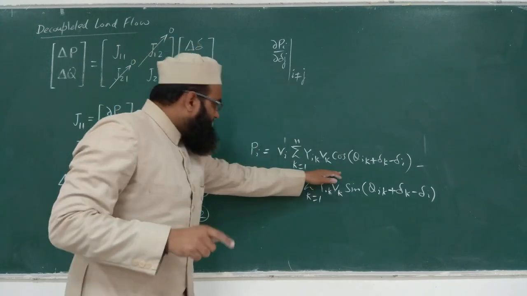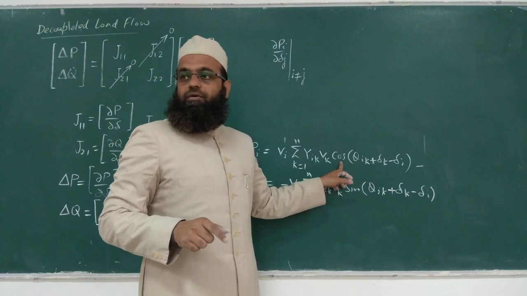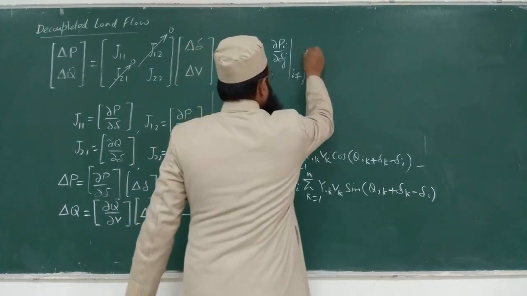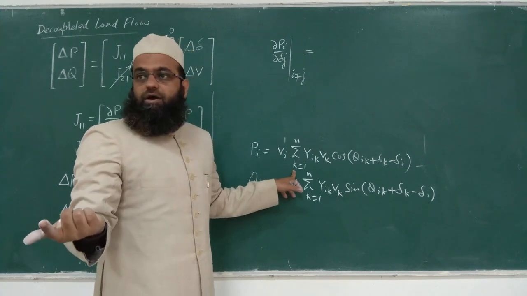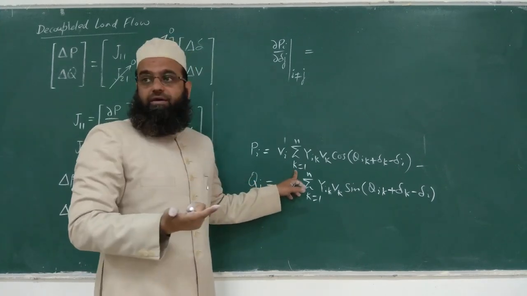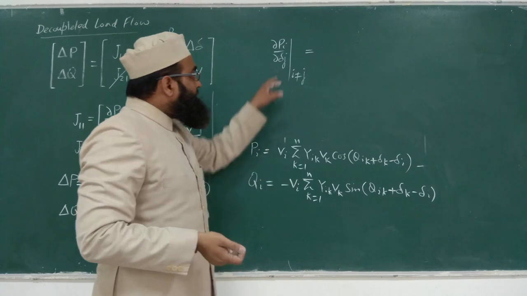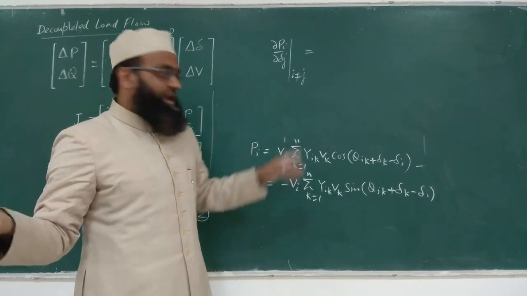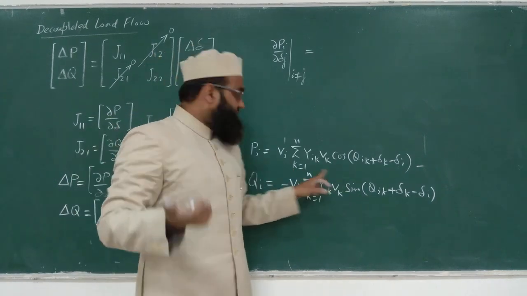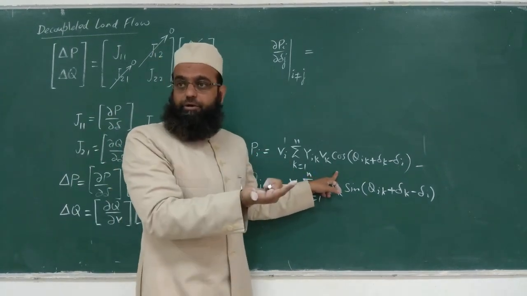So first derivative of this will be, this is cosine. Minus sine. Okay, tell me what it will be. We are writing for k is equal to j. For other values of k, the whole expression is independent of delta j. So partial derivative will be 0. So directly we are writing the jth term when k is equal to j.